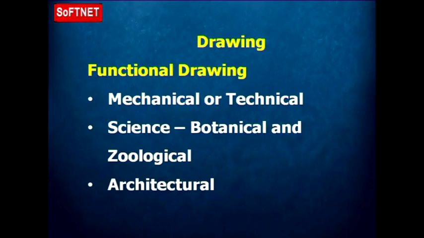What are the functional functions of drawing, right. One is mechanical or technical drawings, another is scientific, botanical drawings, drawings in botany textbooks or zoological drawings, right. So, drawings of science. Another is architectural drawings.